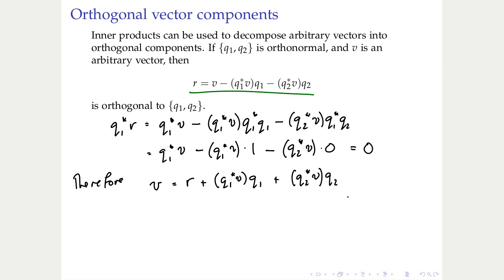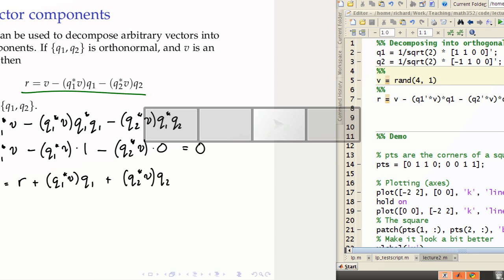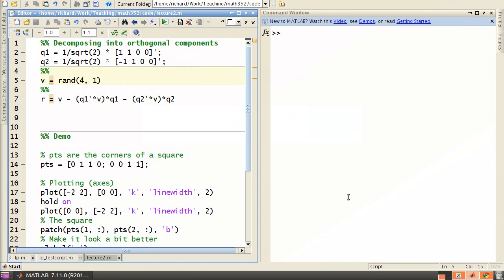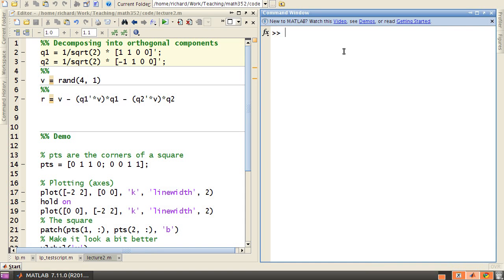Alright, it'd be nice to just do this in MATLAB quickly, just to get a bit of a feel for what we've actually done here. I've set up 2 vectors in MATLAB, q1 and q2, which are hopefully orthonormal. I've run that. Let's see what they look like: q1, there it goes, q2.